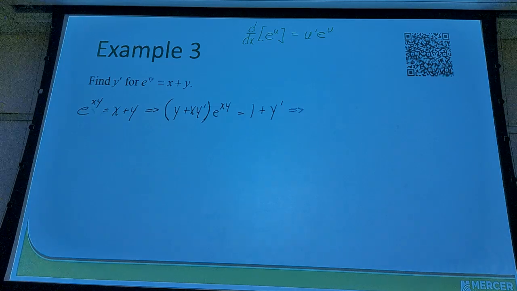First thing you have to do is what? Distribute that e to the xy through, right? And we're not in algebra, right? So I think you can handle moving multiple things at once.